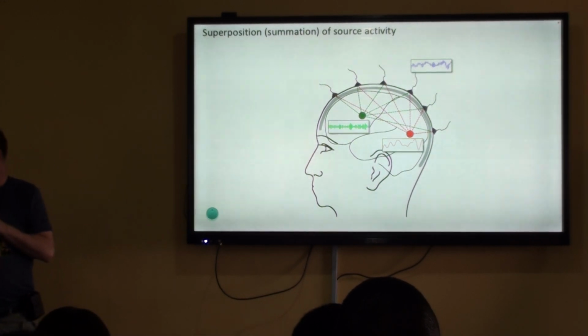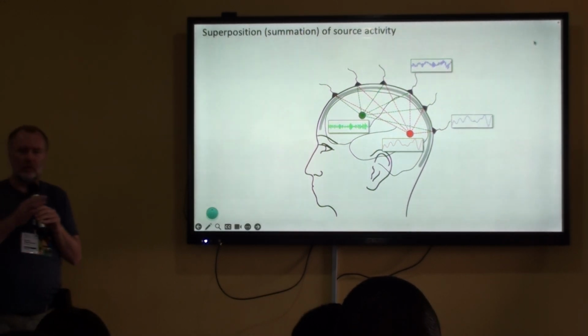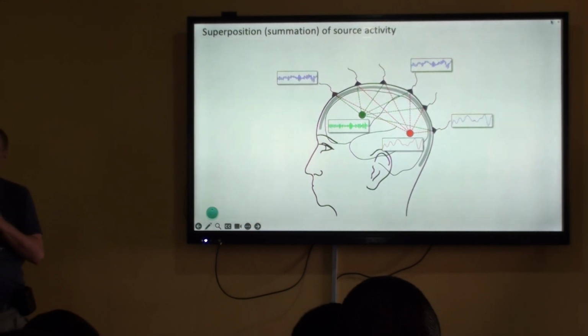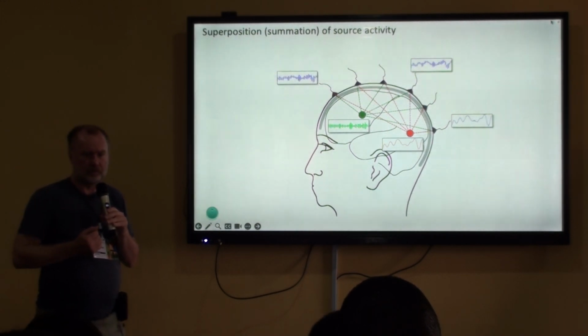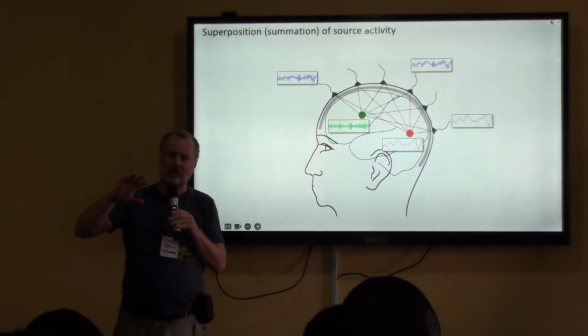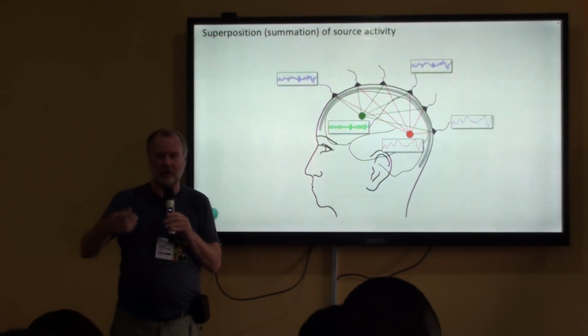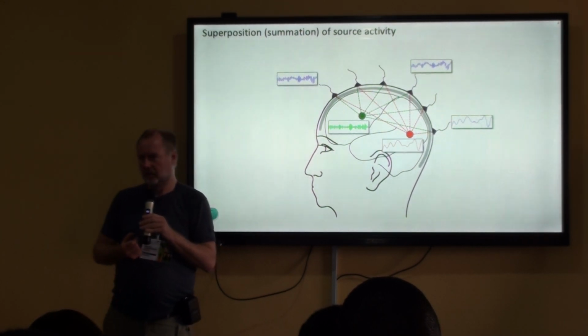Other locations on the scalp might show more of the low frequency source or more of the high frequency source. So if we're thinking about recordings of EEG on the scalp, we're always thinking of a mixture of the underlying source activity, of the underlying activity that we can model as equivalent current dipoles.